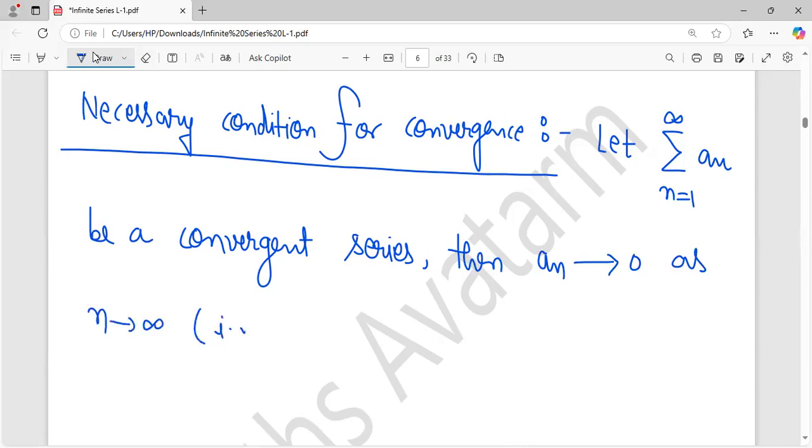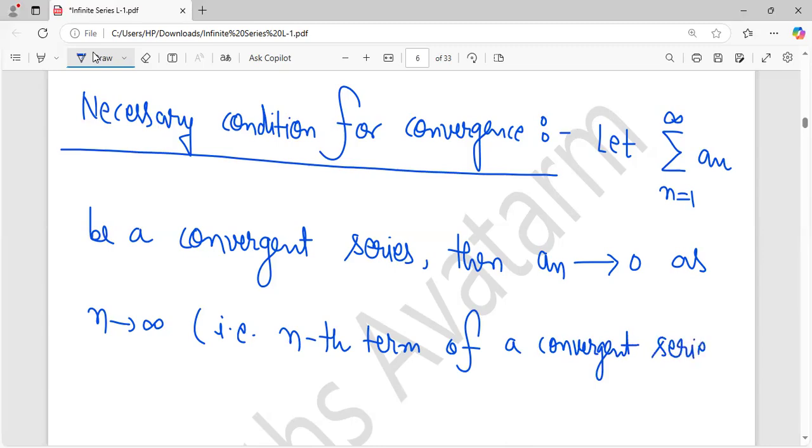It means the nth term of a convergent series tends to 0 as n tends to infinity.